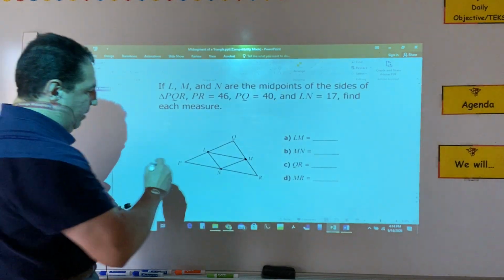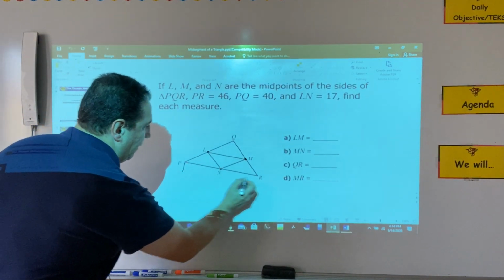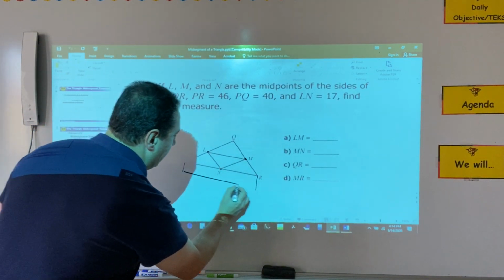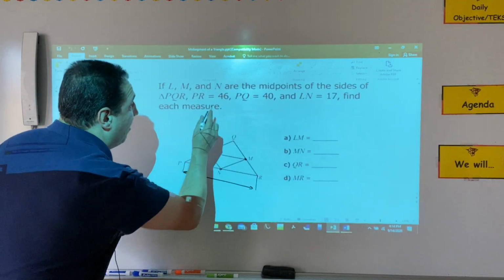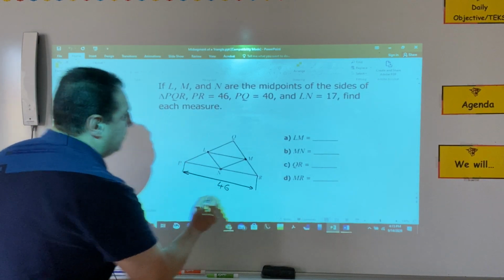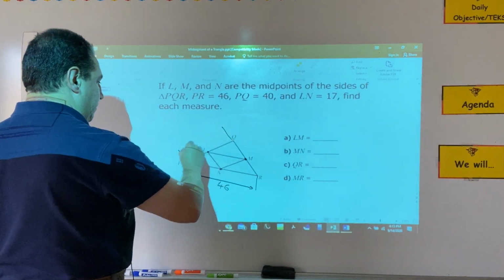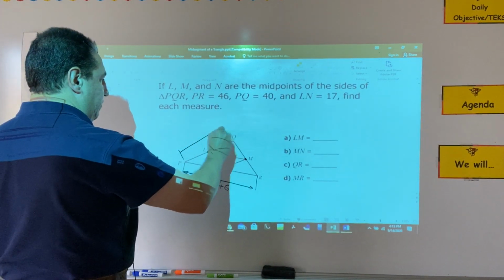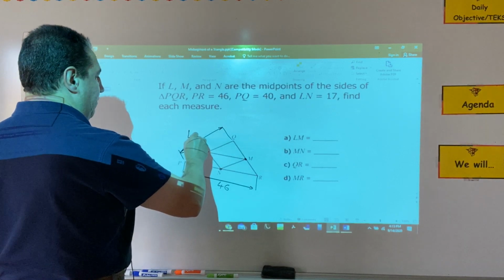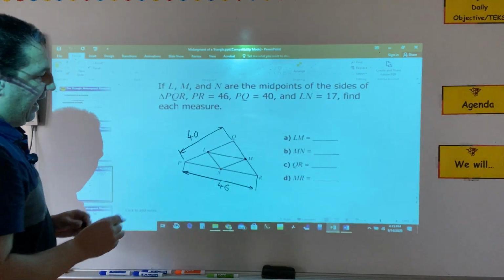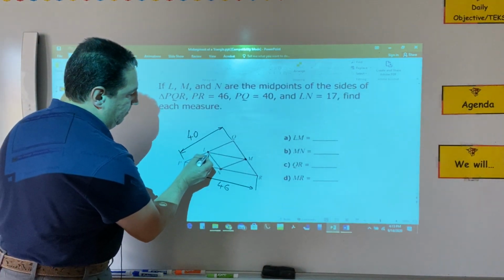Let's say PR is 46, PQ is 40, and LN is 17.